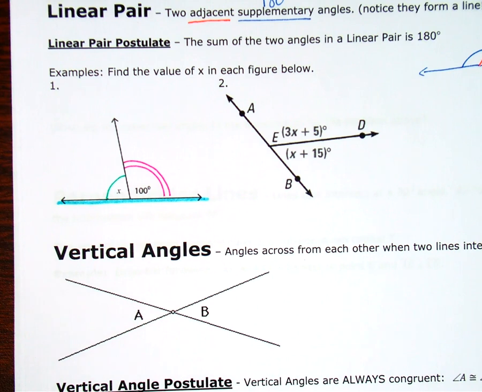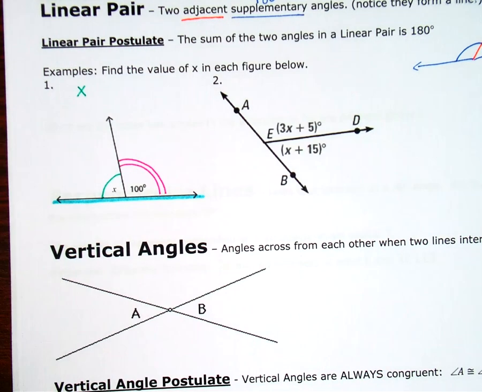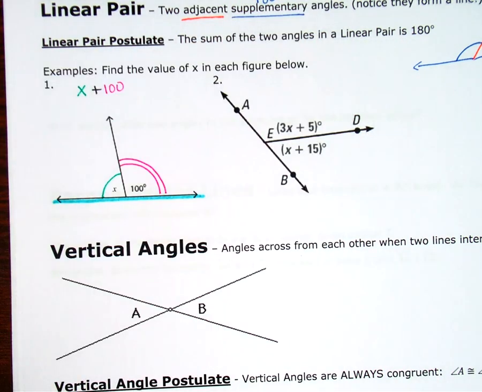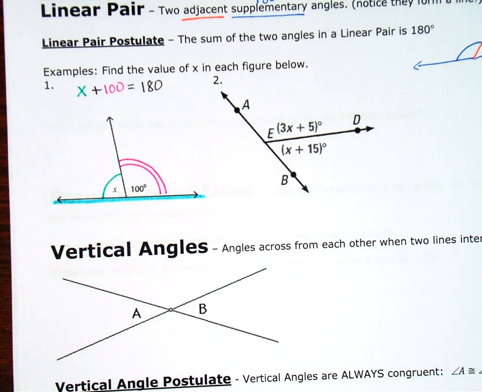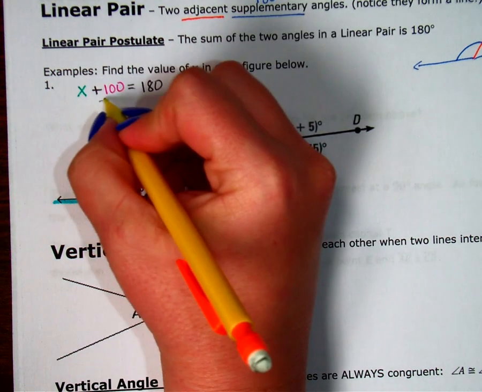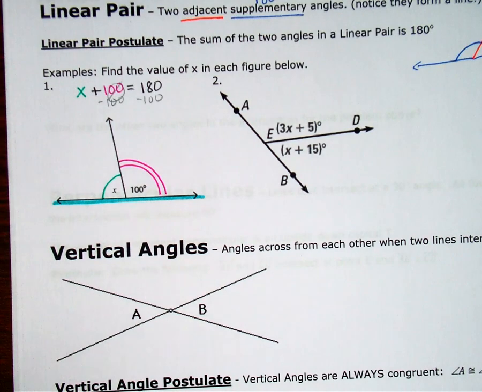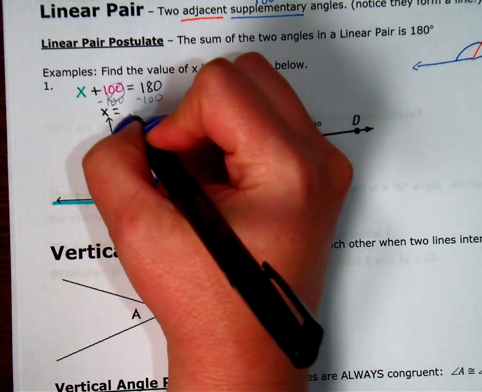So I can use my linear pair postulate to say that x plus the pink angle, 100, should equal 180 degrees. That's pretty simple to solve because I just need to subtract 100 on both sides, and I get that x equals 180 minus 100, which is 80.